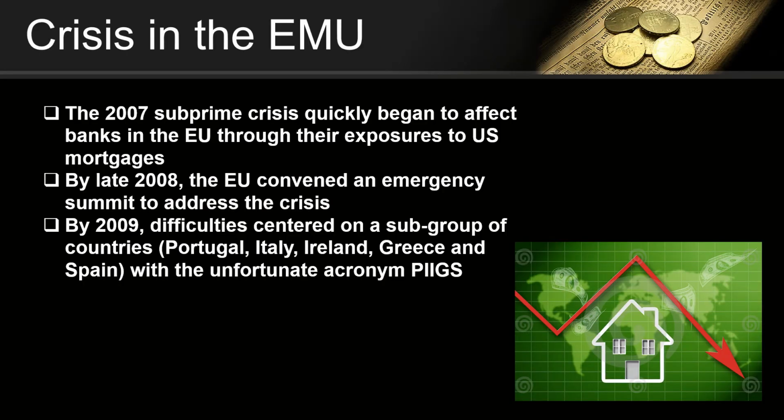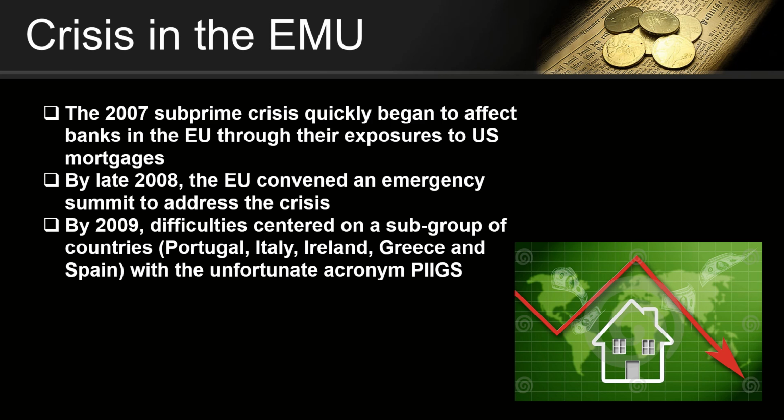The Western crisis in the EMU is a 2007 subprime crisis caused by the housing price bubble in the United States and then spread to the rest of the world. It quickly began to affect banks in the European Union through their exposure to US mortgages. By late 2008, the EU convened an emergency summit to address the crisis.